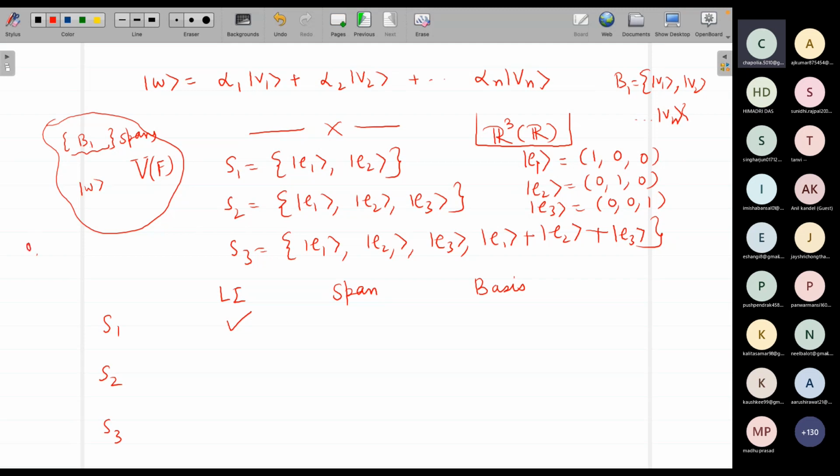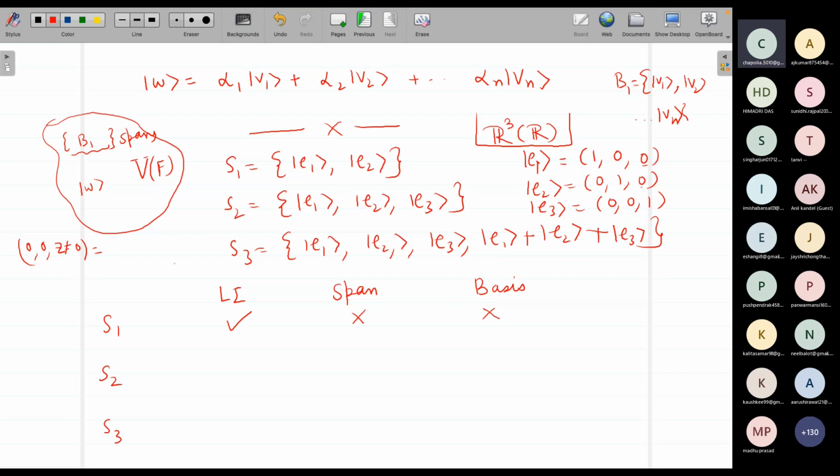So if I want to generate 0 0 z where z is not equal to 0 using my E1 and E2, I have a problem because E1 has 0 as the third component, and E2 also has 0 as the third component. So any non-zero third component I cannot generate from this. So this set cannot span. This is a linearly independent set, but it cannot span the vector space. Is this set a basis? No, sir.